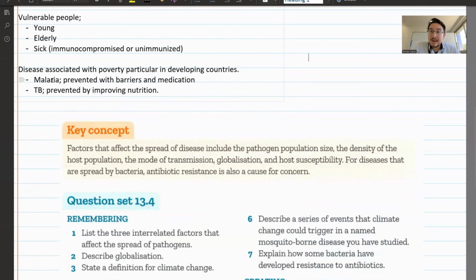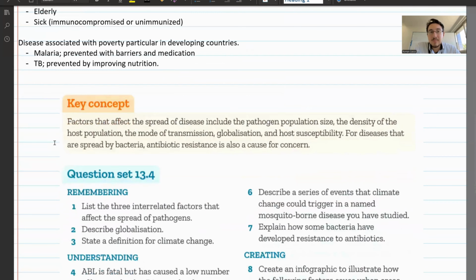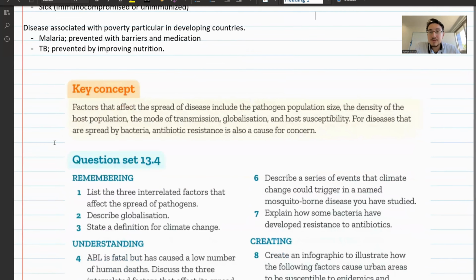Some examples of diseases related to poverty or poor developing countries are malaria and tuberculosis. You could prevent malaria by having physical barriers and medication; there are some anti-malarial medications. Tuberculosis and respiratory diseases can be improved by having good immune systems and nutrition.